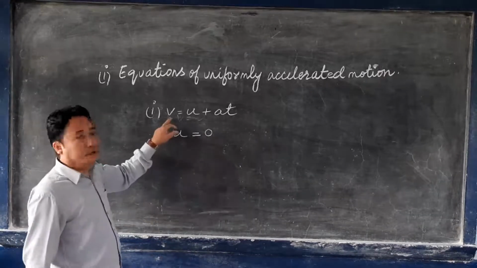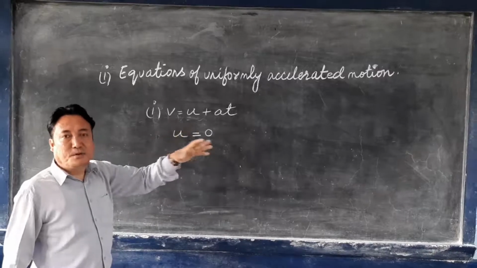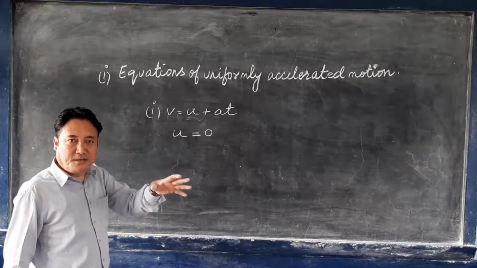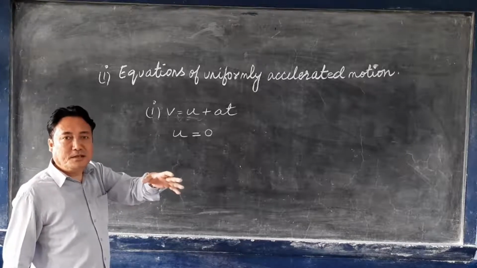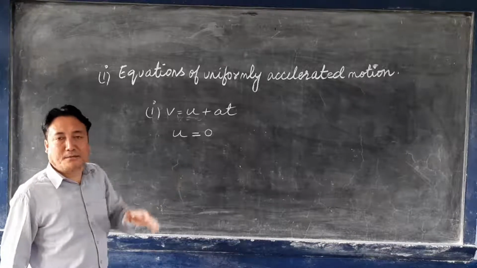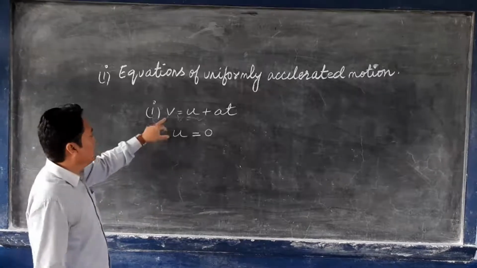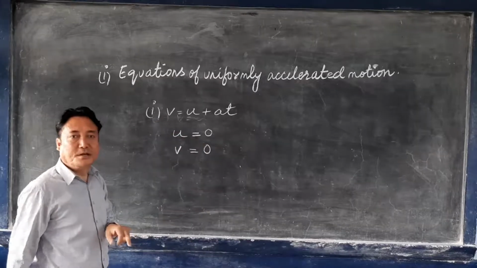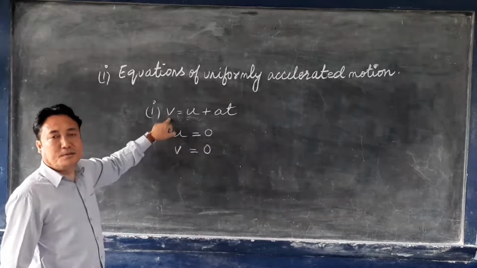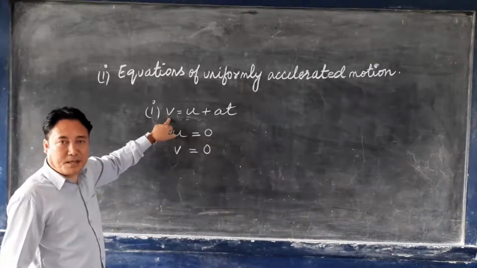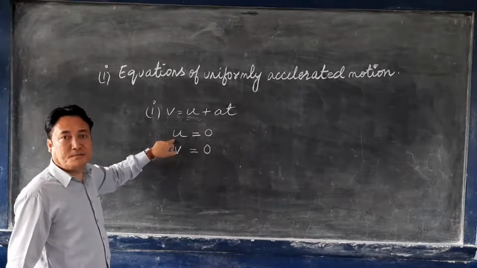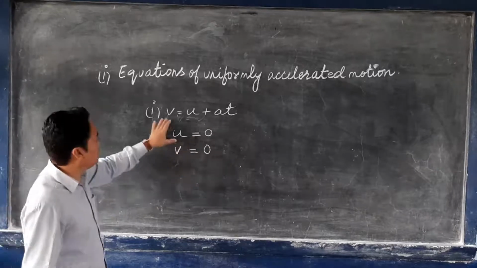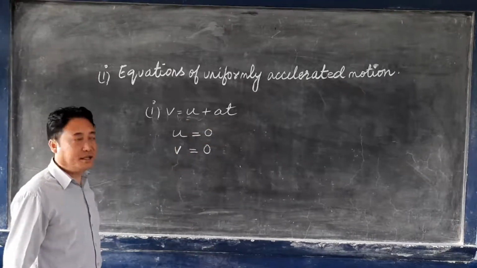Second, when a moving body finally stops by applying a brake, the final velocity will become 0, that is V equals 0. So remember these things. So the first equation is V equals U plus AT.